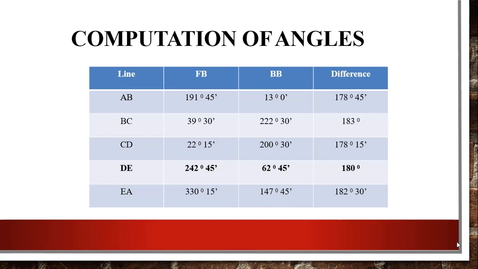So when the difference of forebearing and back bearing is exactly 180 degree, then that station is free from local attraction. This is the check, right?